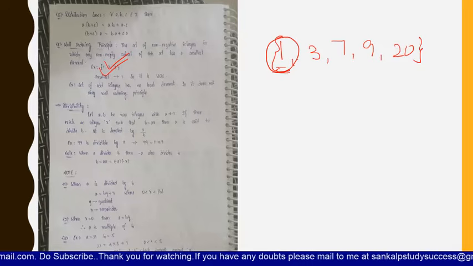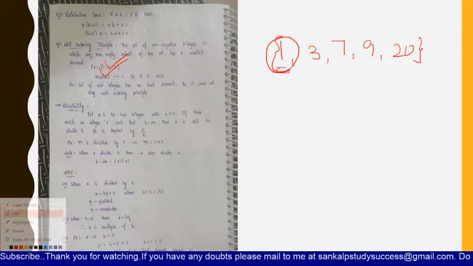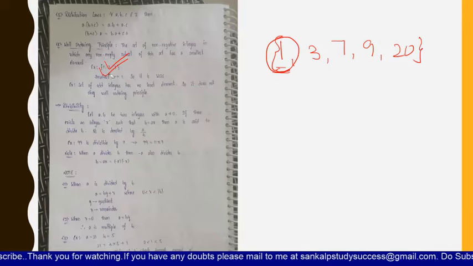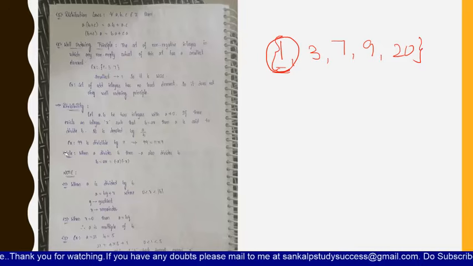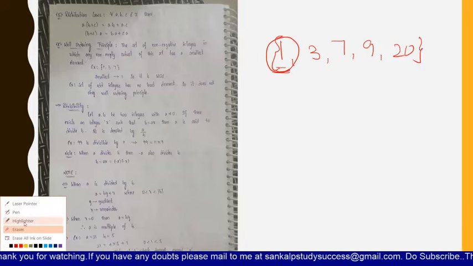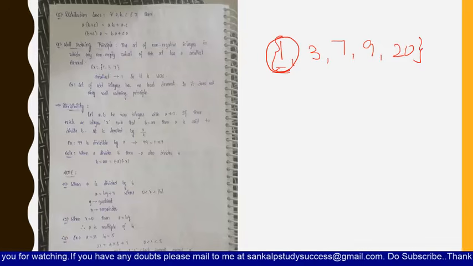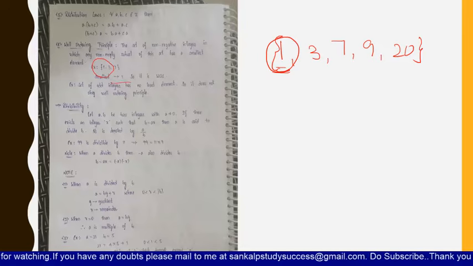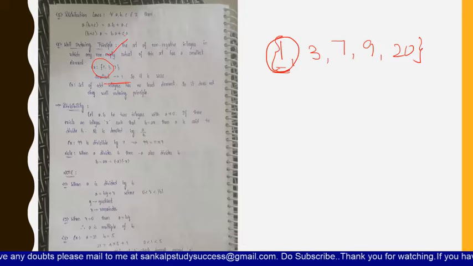So that means the set follows well ordering principle. Now, see, we have an example here so that you can see 1, 3 and 7, correct? 1, 3 and 7 consist of a smallest integer, which is 1. So smallest is 1. So this set is said to be a well ordering set. If any set doesn't consist of smallest integer, then you can say that it does not follow well ordering principle.